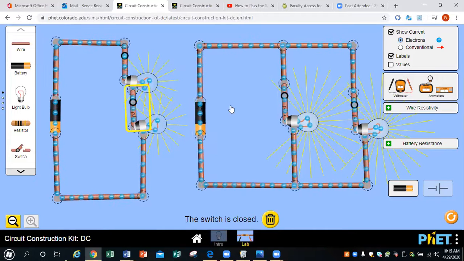But you notice that over here, even though I have the same battery and the same number of bulbs, the amount of current that is coming out and flowing in these wires is completely different than over here. This current over here appears to have very little energy, whereas over here they are moving very fast and seem to have even more energy.